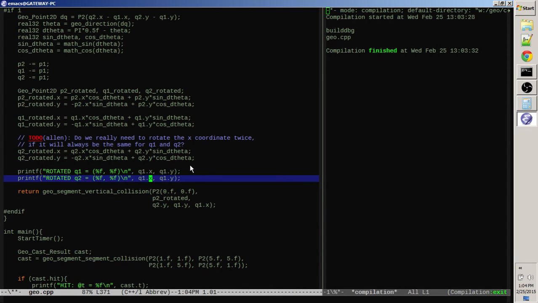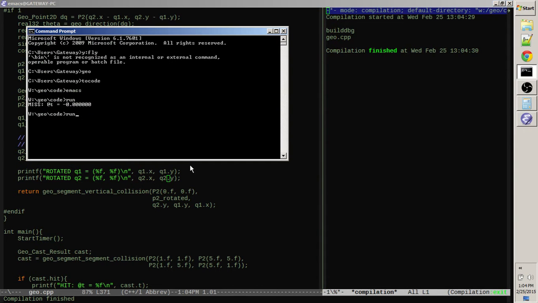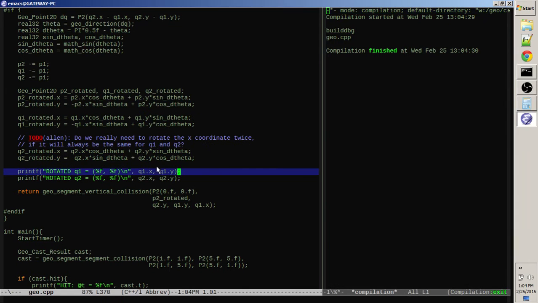Still don't have that convenient point printing system. Maybe I'll take some time to research and figure that out for next time, because I've said a few times now we should take time to do that. So it's going from 0, 4 to 4, 0. Yeah, those aren't rotated. I didn't use the rotated versions.